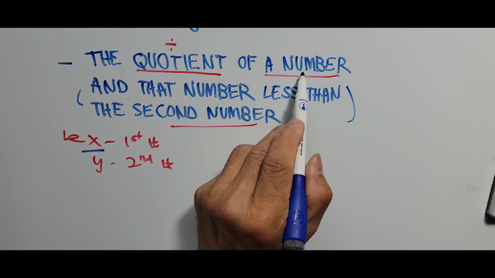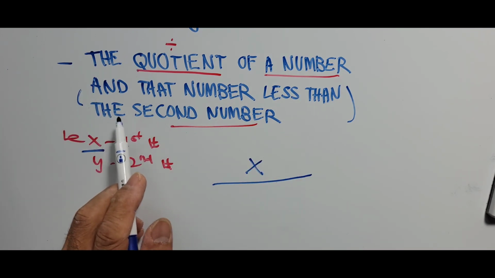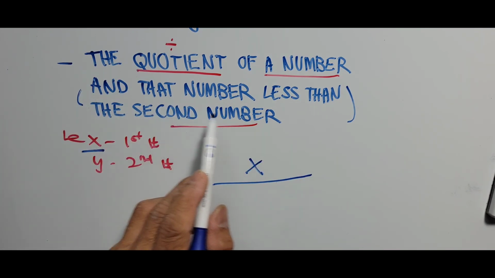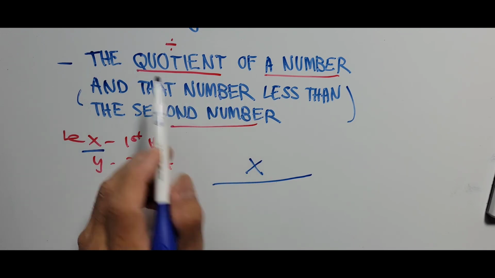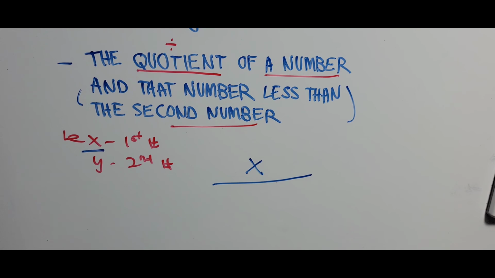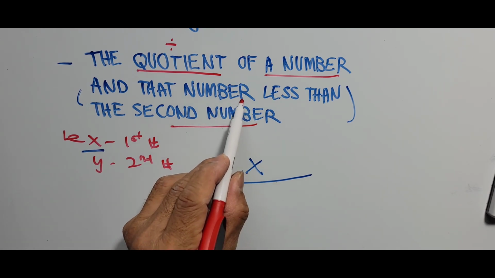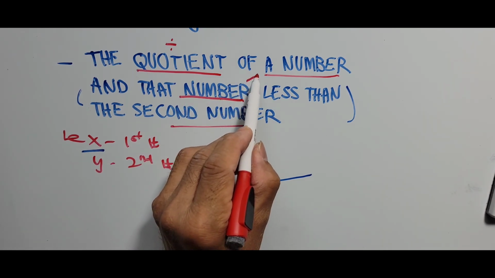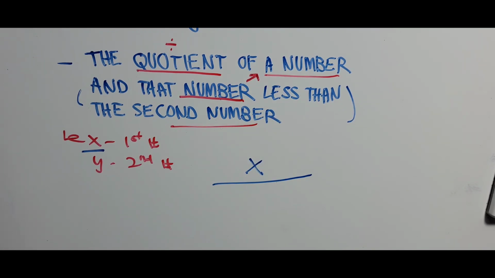So this is the numerator, a number. So now that number, okay, so you go back there: the quotient of a number and that number, what is that number we're talking about here? The same thing as that number right there. So the same number, right?